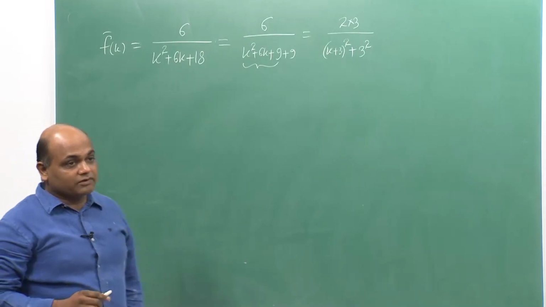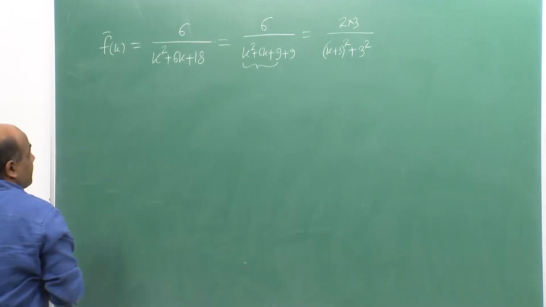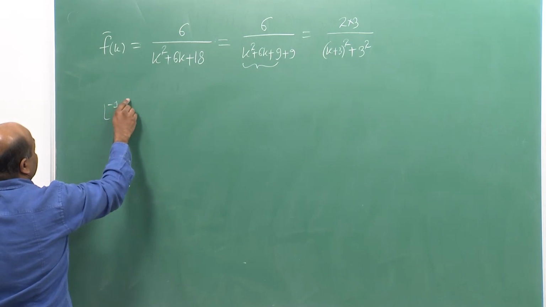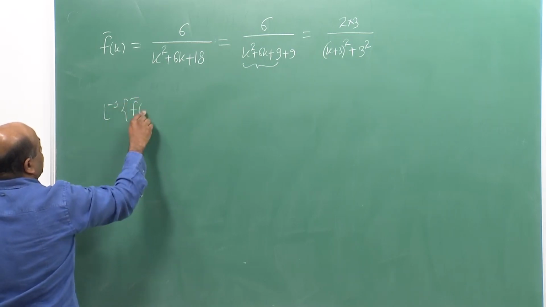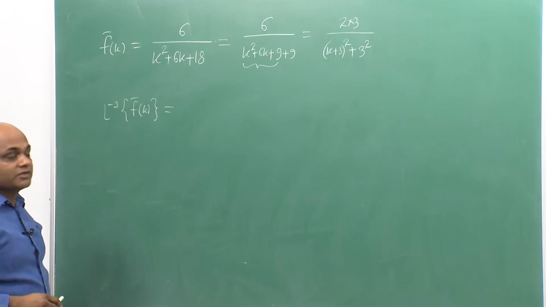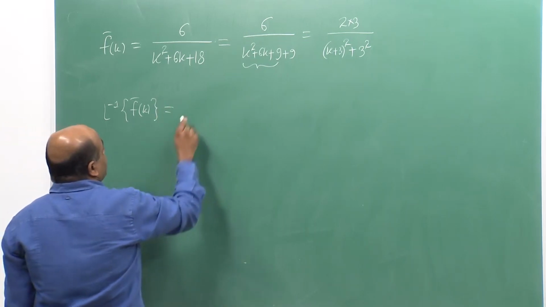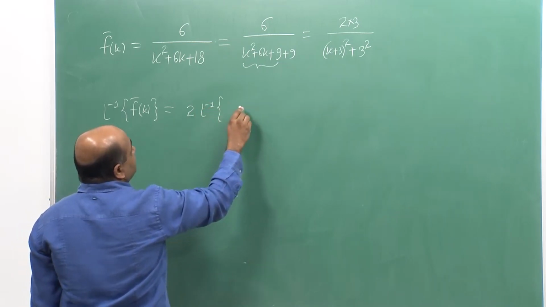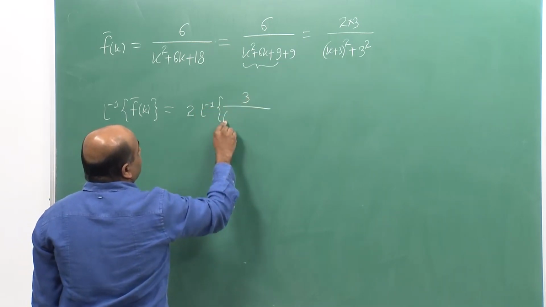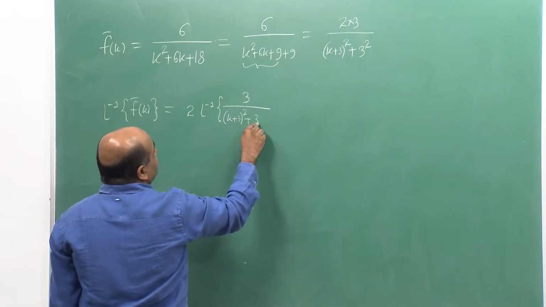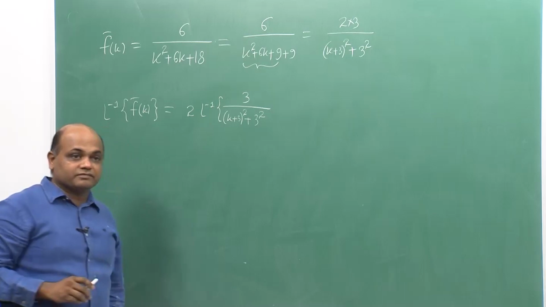So, does this look familiar? L inverse of f bar of k should be equal to 2 times L inverse of 3 over (k plus 3) square plus 3 square.